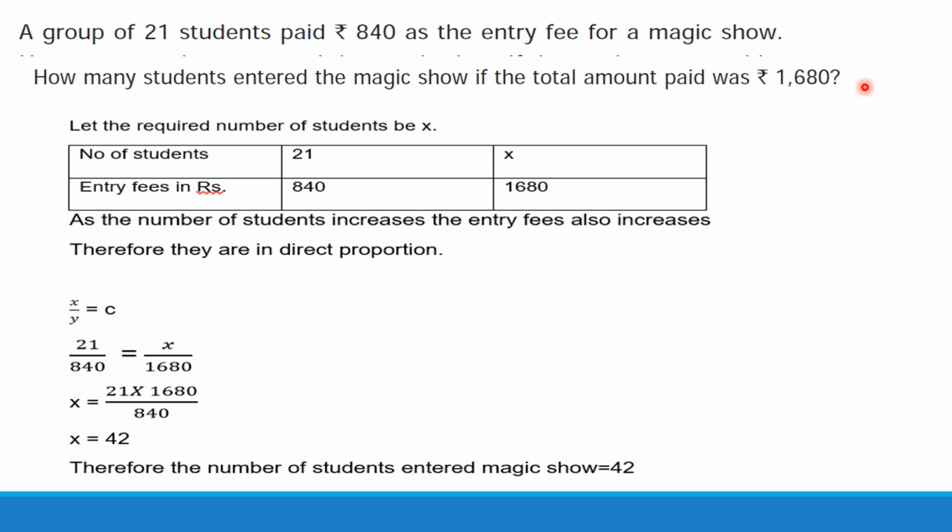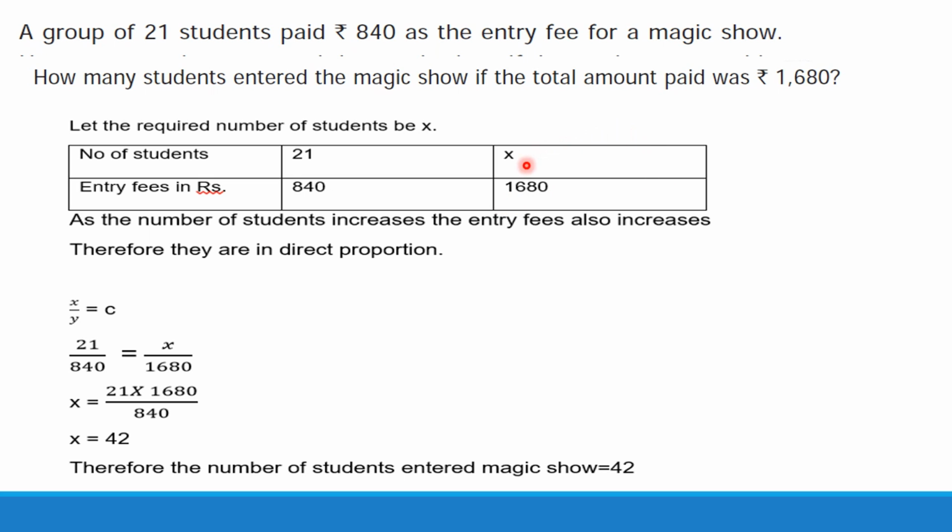So 21 students, cost 840. So 1680 rupees, how many students? That is the question. Here number of students increases, so entry fees also increases. Therefore this is direct proportion.